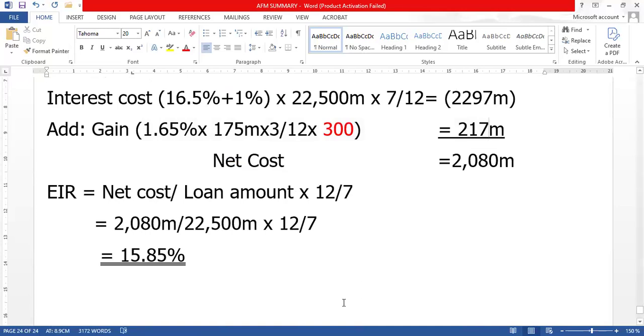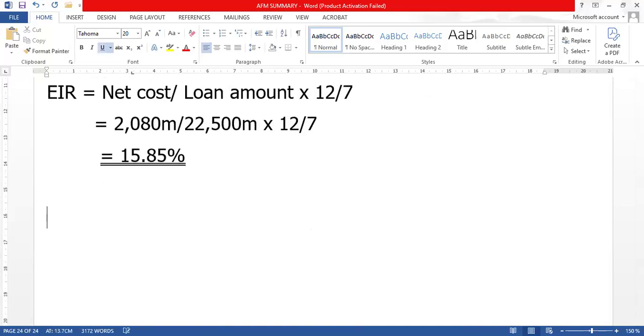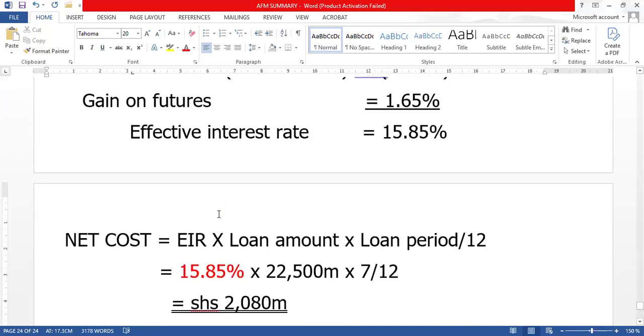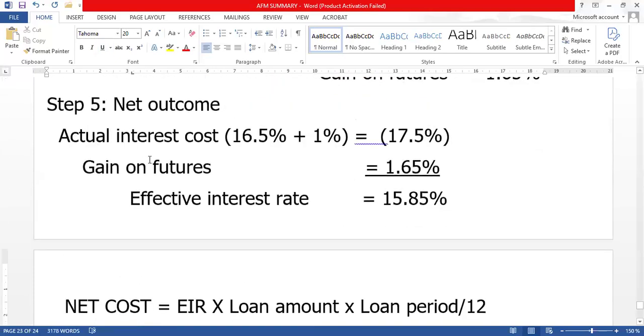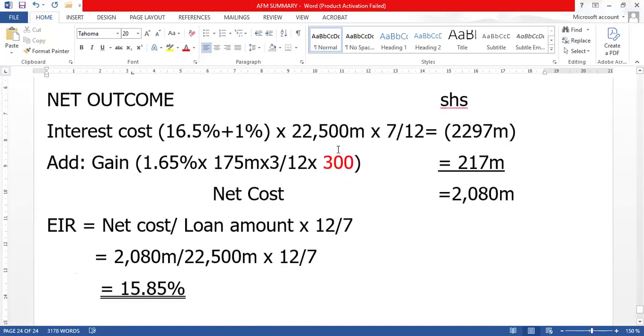So you use the same approach when the interest rate falls by 2%. When the interest rate falls by 2%, what will be your net outcome? Let's use this approach.